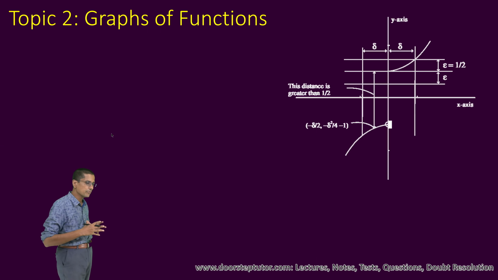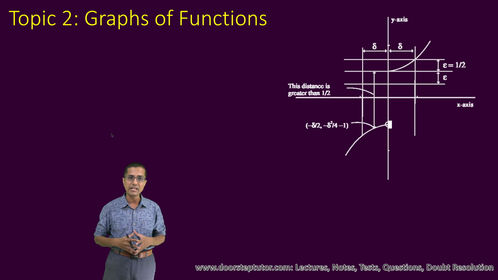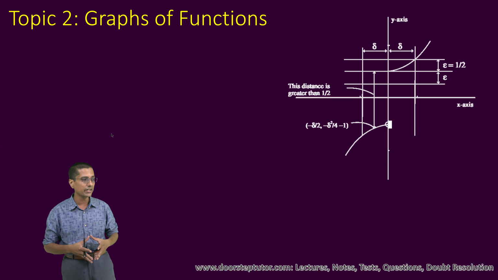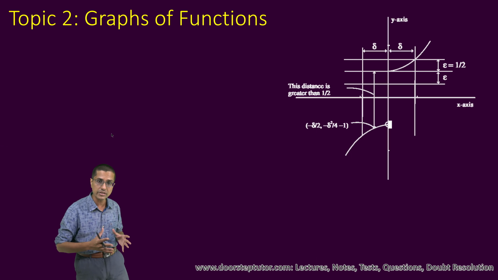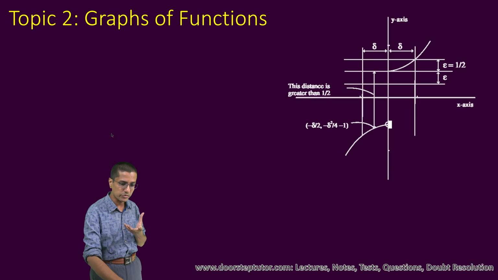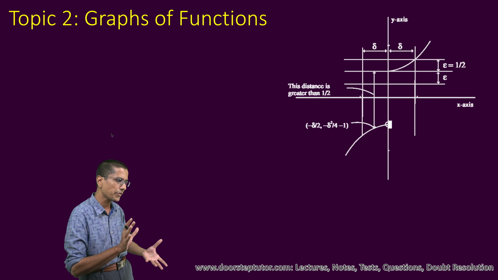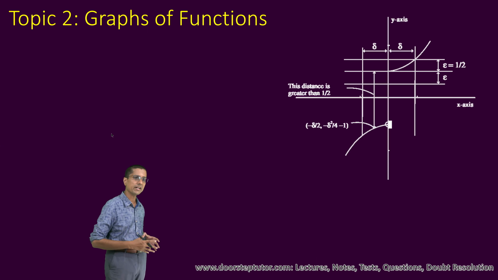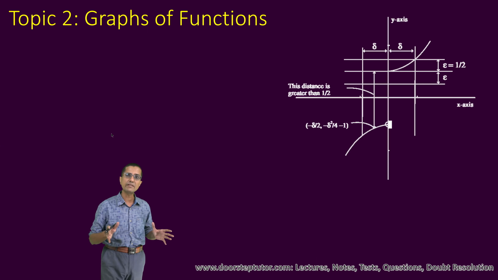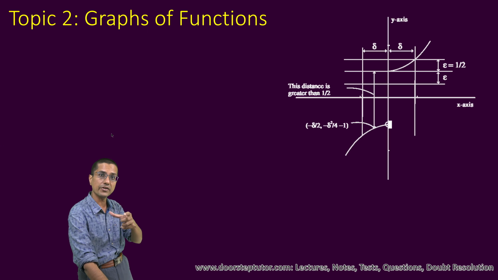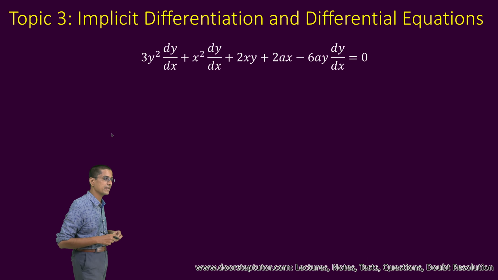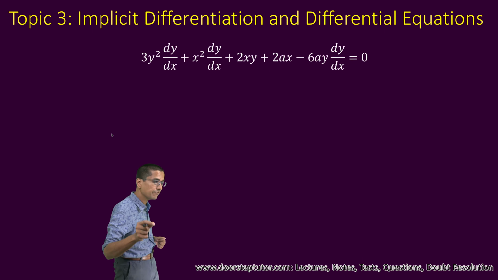Then you will have to look at the function, find its derivative, look at the limits, look at the continuity, where the function is not really continuous, where does it have poles and zeros. It is not a question directly on derivatives, but the application of derivatives, limits and continuity, and specifically the visual representation of functions. Those things become very important specifically for BITSAT.